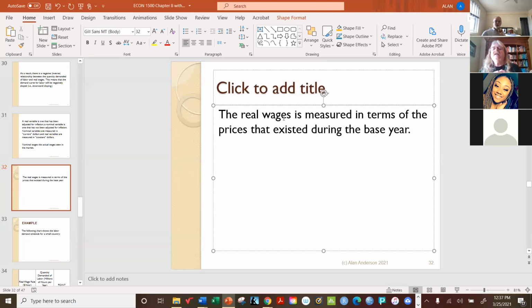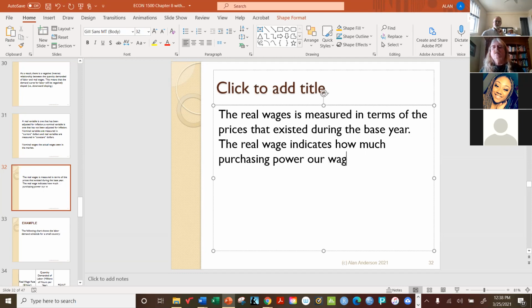So the idea here is that a real wage indicates how much purchasing power our wages give us, while the nominal wage only shows us how many dollars we earn.